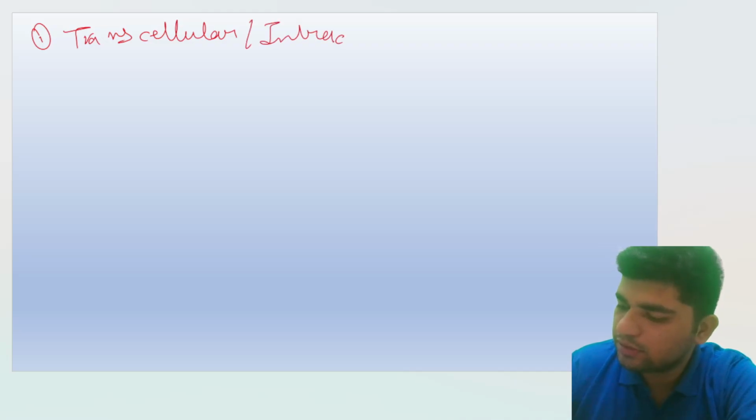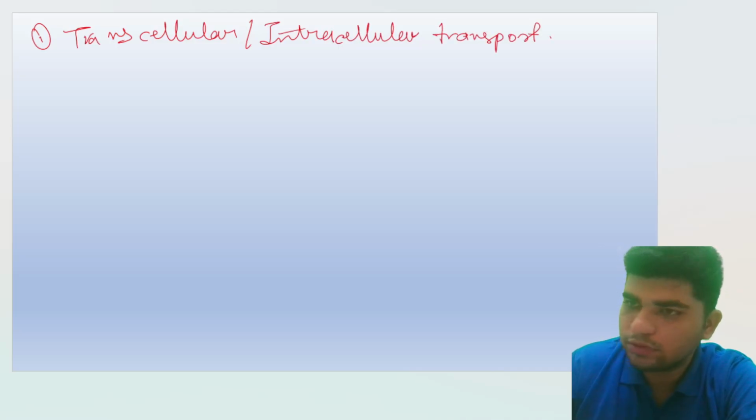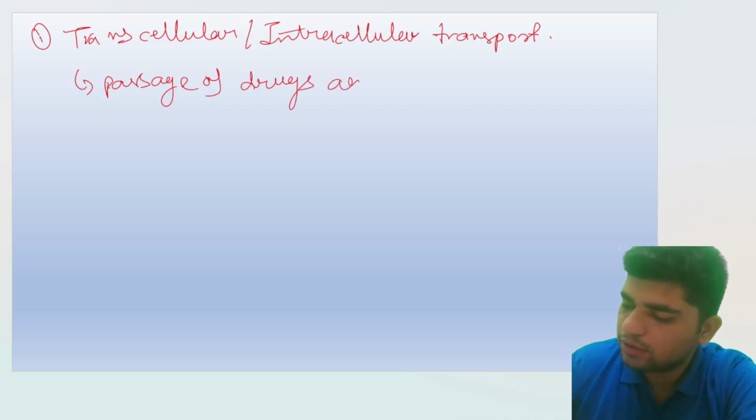The first one is transcellular, also known as intracellular transport. This is the passage of drugs across the GI epithelium.